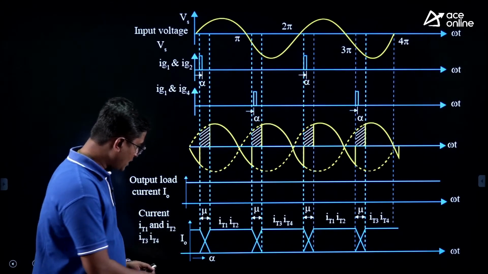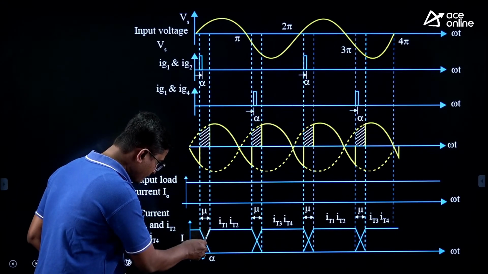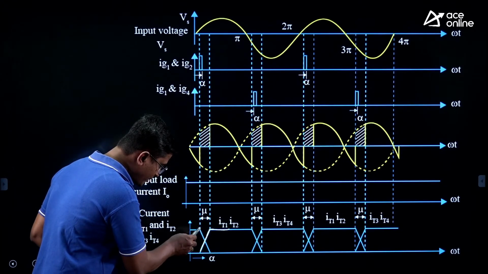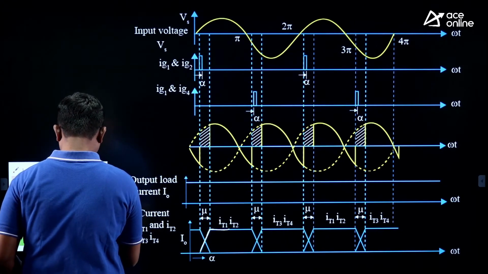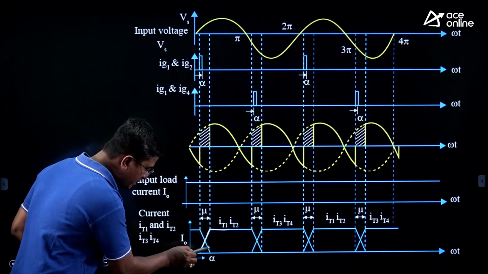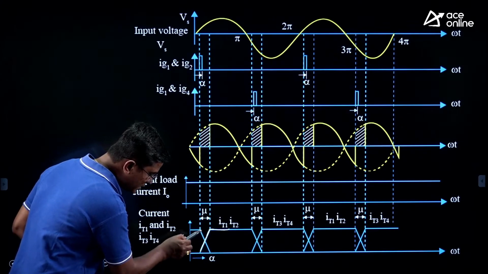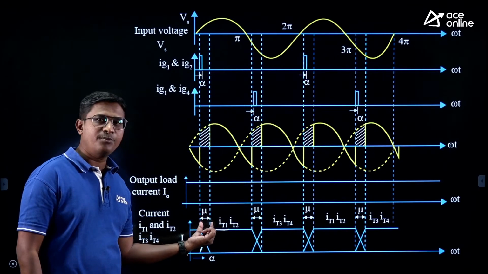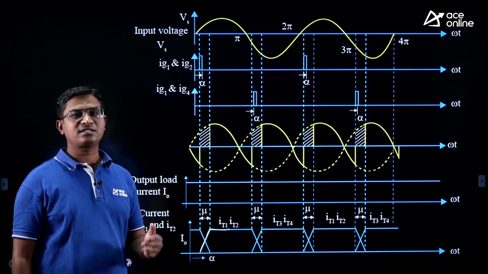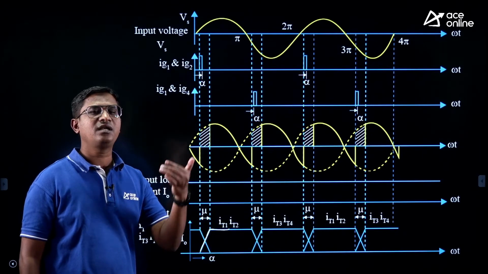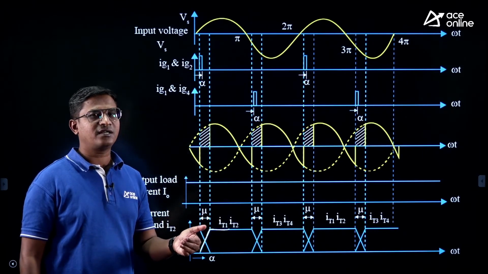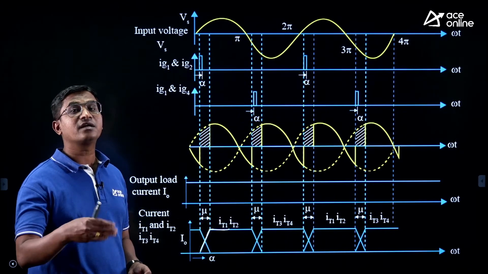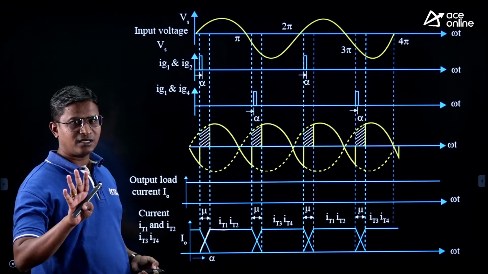Here IT1, IT2, the currents of thyristors T1 and T2, are increasing, and this is the decreasing current, IT3, IT4. During this overlap angle mu, all 4 thyristors, T1, T2, T3, T4, have non-zero currents, meaning all 4 thyristors are in conduction mode.